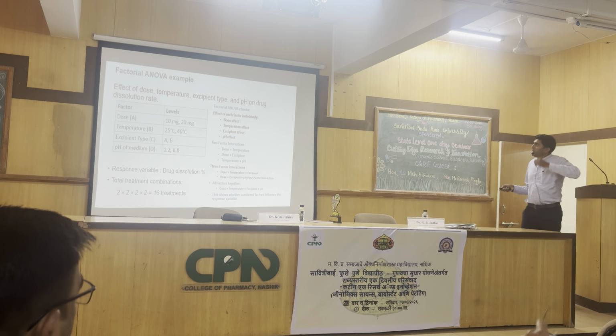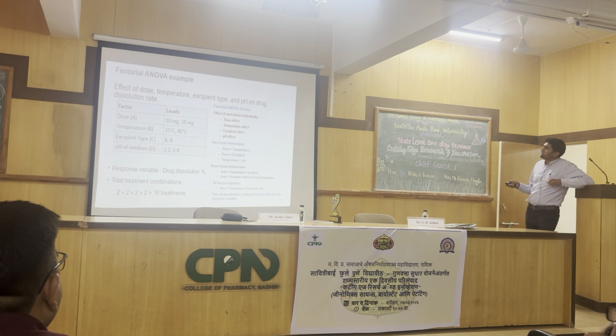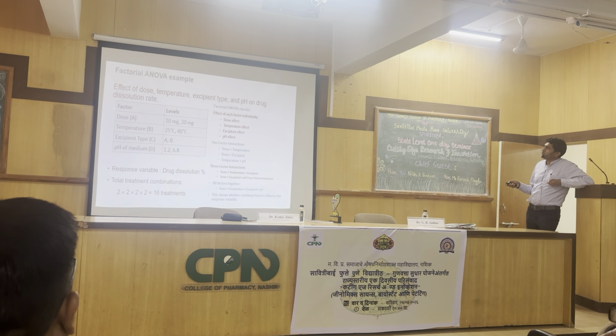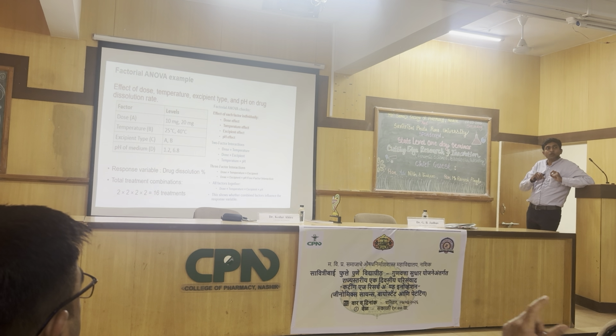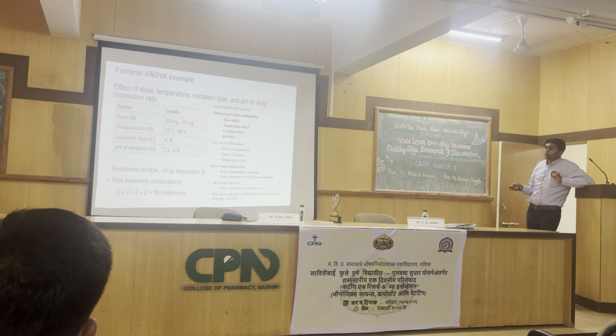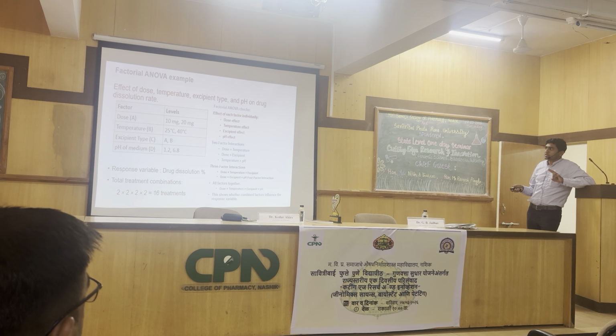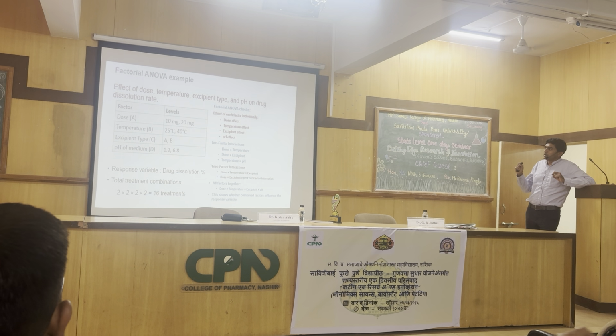So here main effects can be seen. Each factor individually: dose effect, temperature effect, excipient effect, and pH effect on what? On drug dissolution. Okay. So how the dose is influencing the dissolution rate, how the temperature is influencing, how the excipient type is influencing, or how the pH of the medium is influencing the drug dissolution.